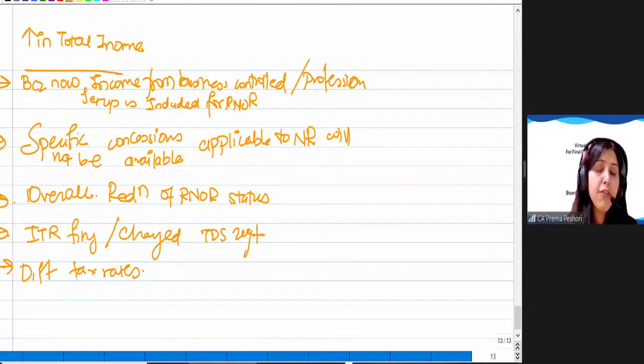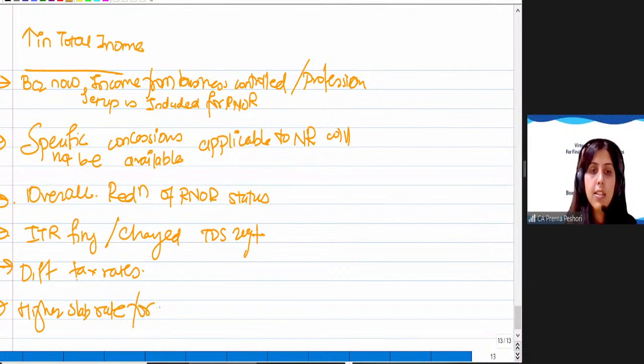Only one benefit which an RNOR will get and which NR does not get is the higher slab rate for senior citizen, and certain deductions which are applicable for resident, that once a person becomes RNOR, he will be eligible to get, which are not applicable for non-resident.